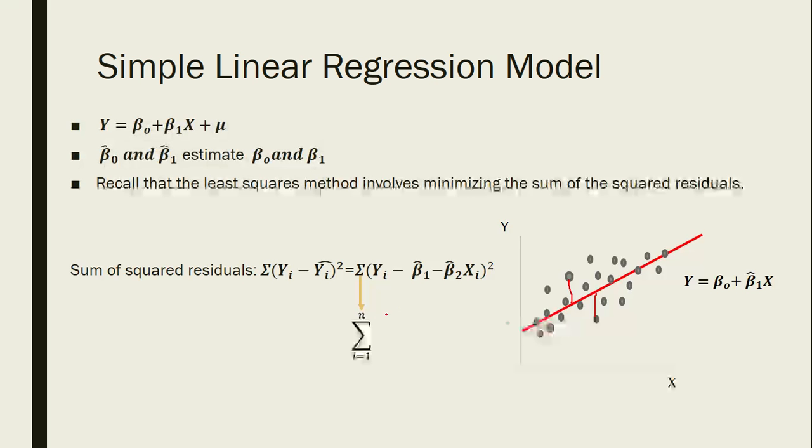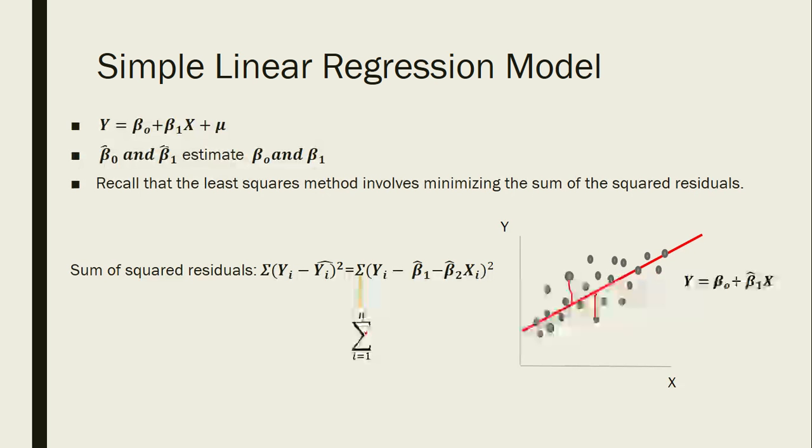In other words, this quantity is the summation of (yi minus beta naught hat minus beta 1 hat xi) squared. All summations in this lecture are indexed from 1 to n because we have n values, but for this lecture I am omitting the limits of these summations.